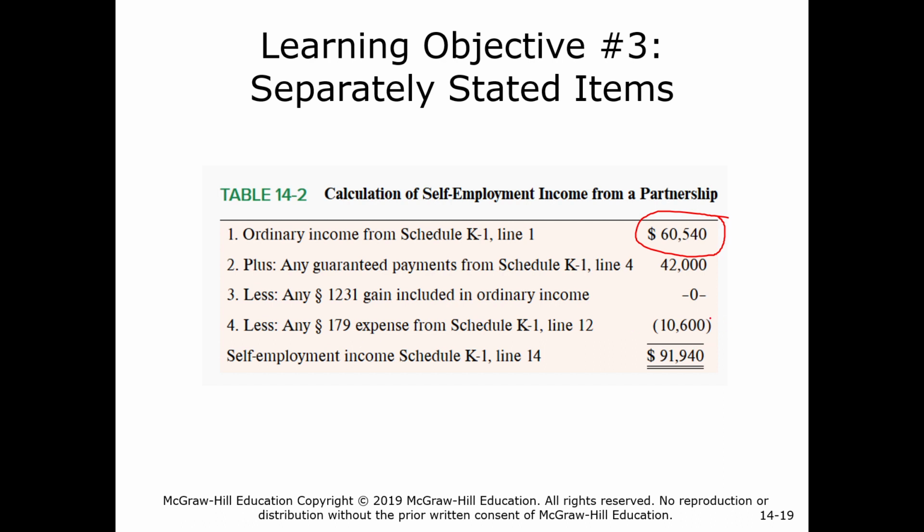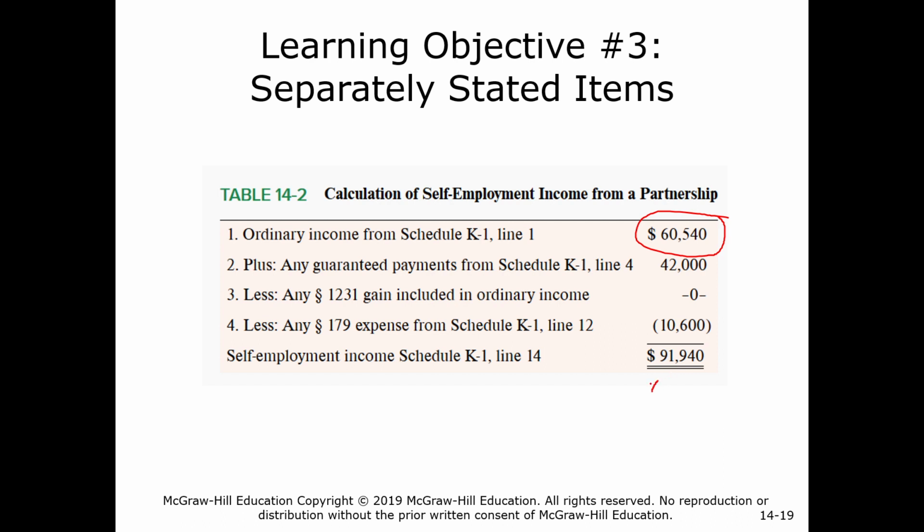So they get to deduct their share of that Section 179 deduction to arrive at their self-employment income. So this is the starting point for our self-employment tax calculation.